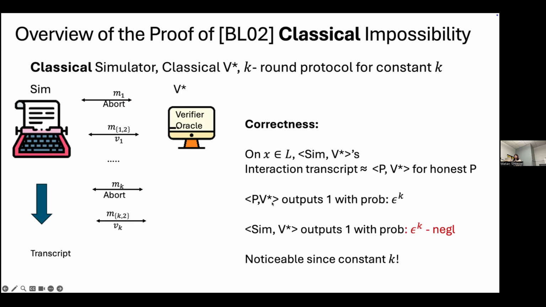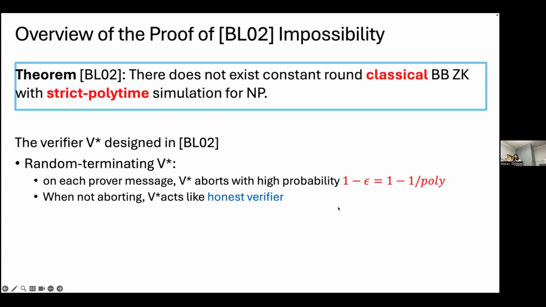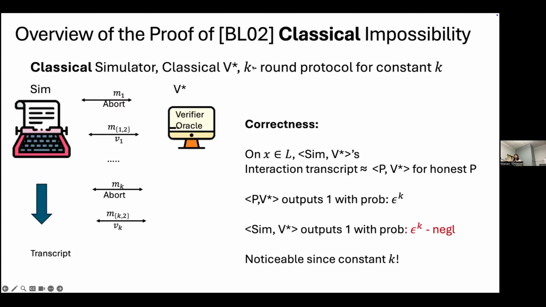Since we know that the honest prover on this instance in the language would output 1 with probability epsilon to the k, because for every message there's an epsilon probability that V star is not aborting and simply proceeding, and k is the number of rounds, k is a constant.